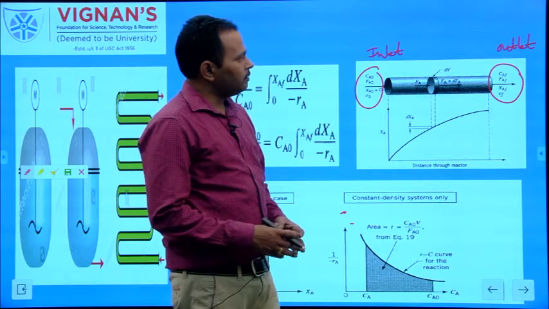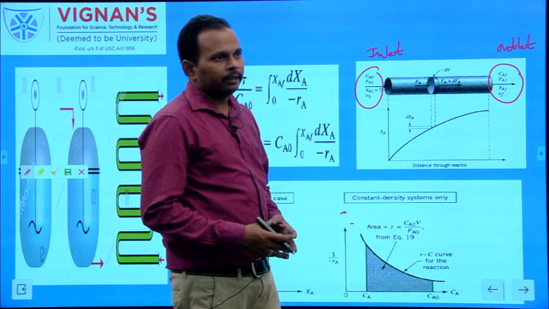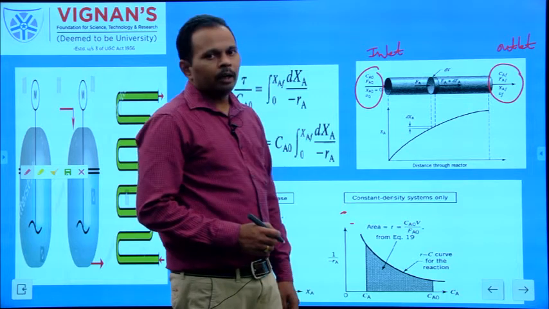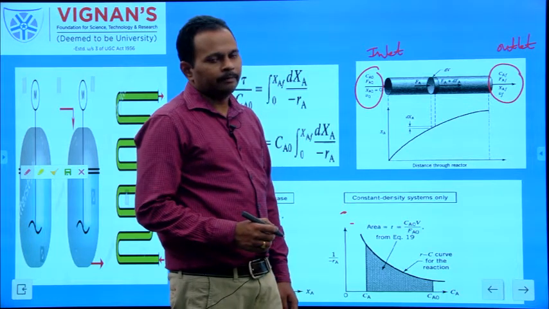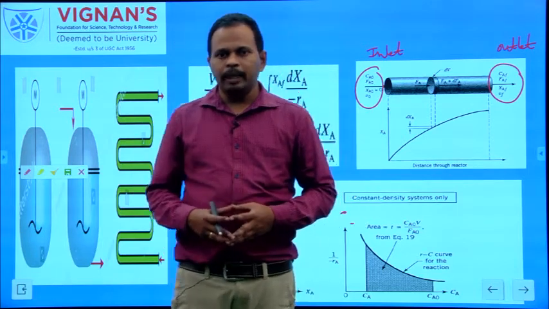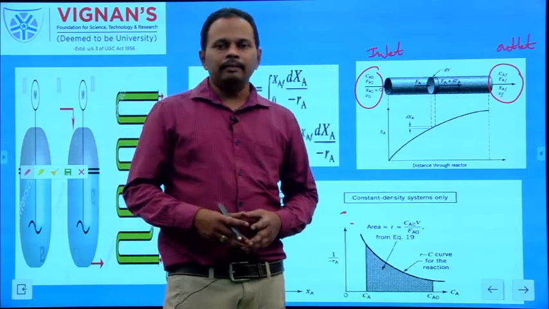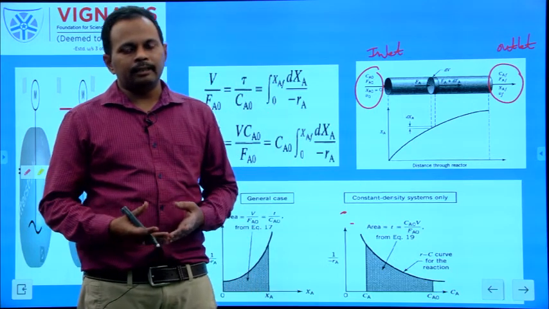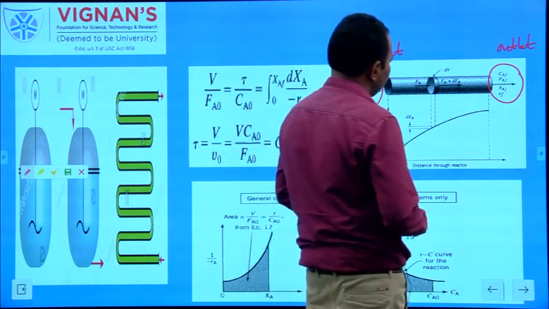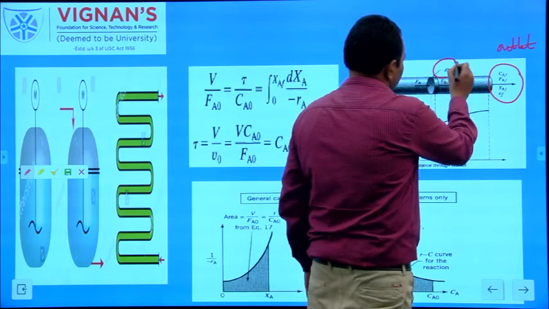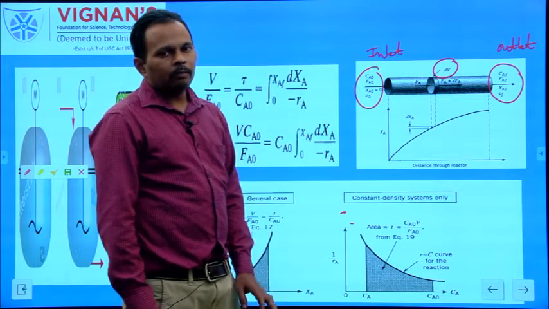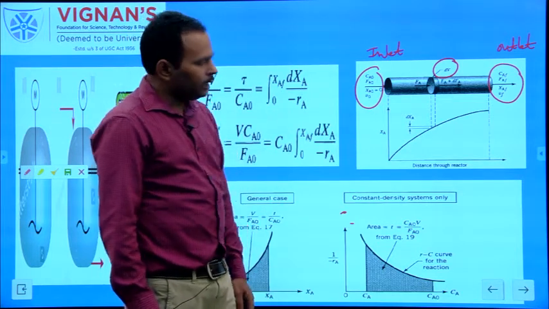Since the concentrations vary with respect to the length of the PFR, break down the entire volume of the PFR into small volume elemental strips. After breaking down the entire volume, apply the material balance equation to any one elemental strip. Here I have taken a small elemental strip of volume dV. For this strip dV, what is the entry?